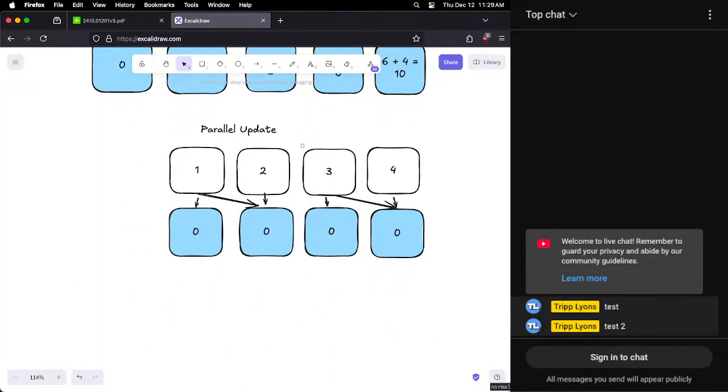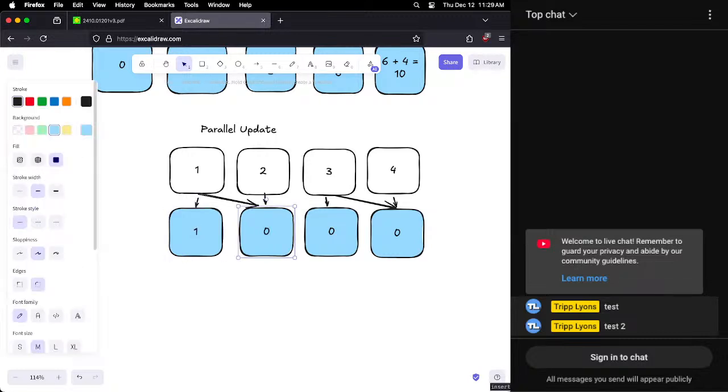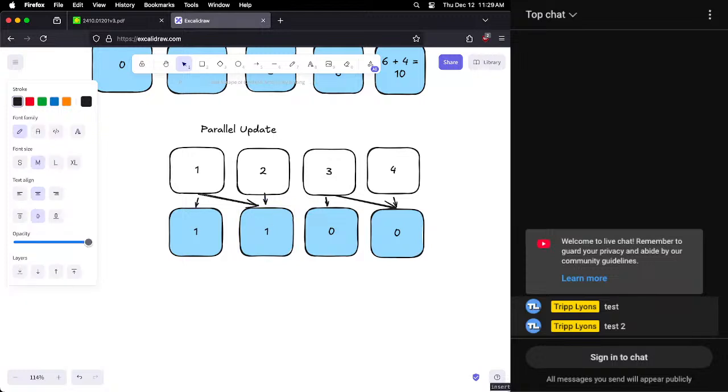The second 2 have the same pattern. So we have 1, and then we have 1 plus 2 gives us 3. And this one just has 3. This one has 3 plus 4 is 7.